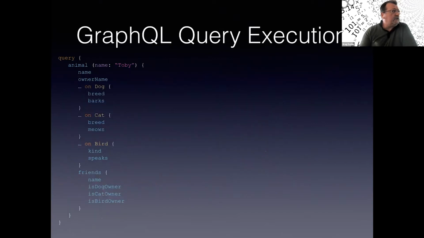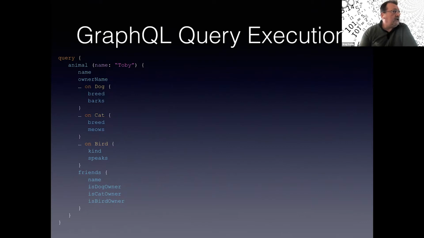So let's assume that we have a query that queries for one single animal. We specify the name of the animal in the argument for the animal field, and we are asking for a bunch of fields of the animal.